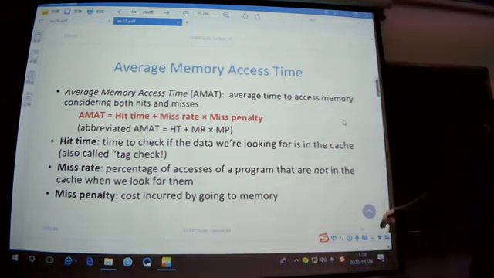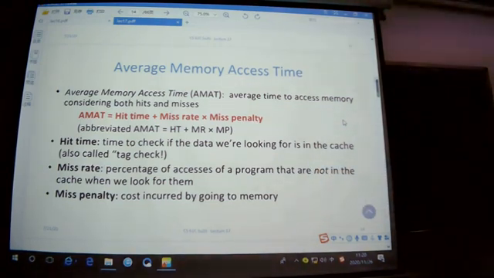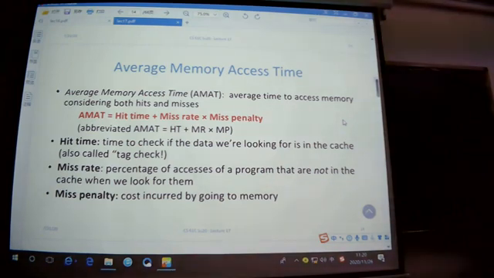Miss rate is the percentage of accesses of a program that are not in the cache when we look for them. Miss penalty is the cost incurred by going to memory.